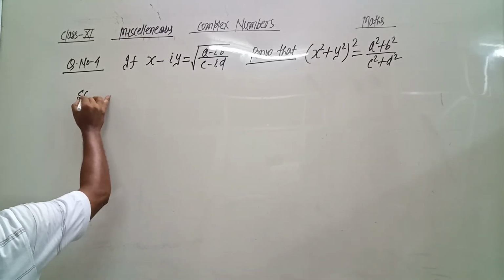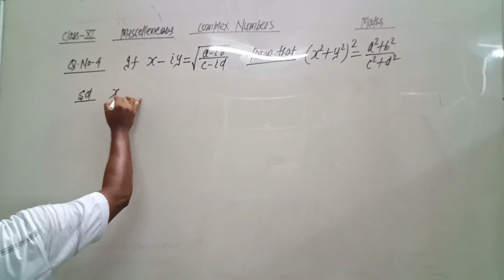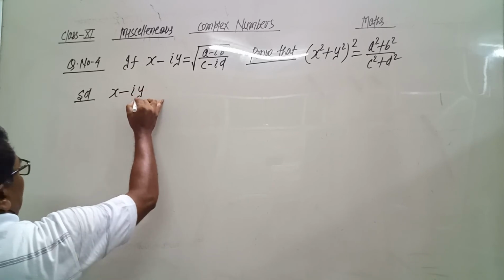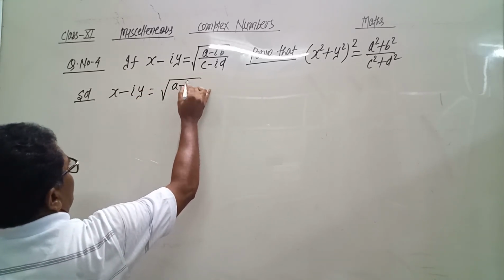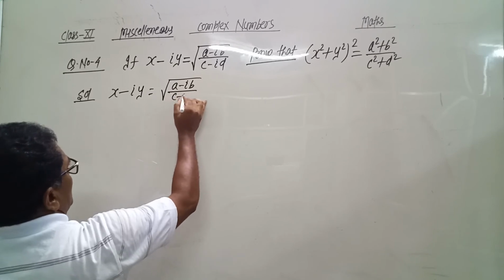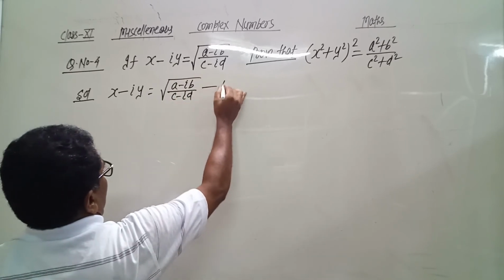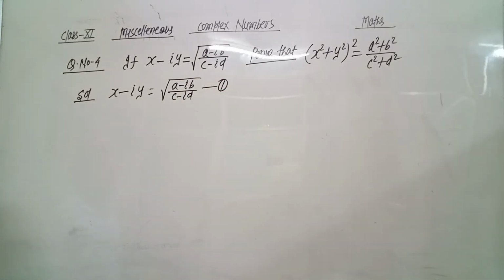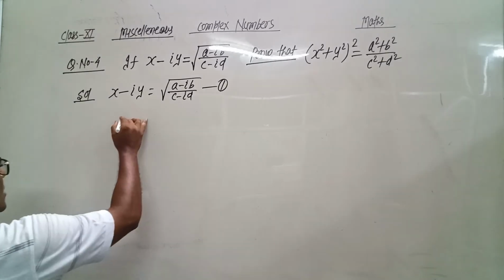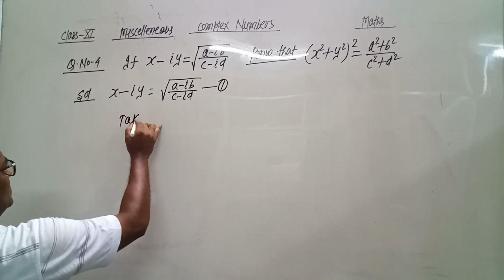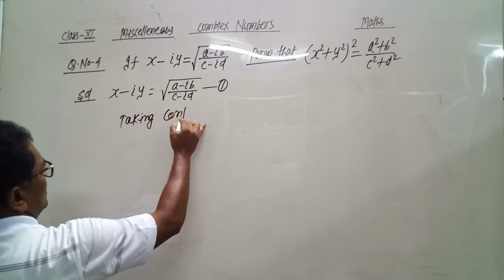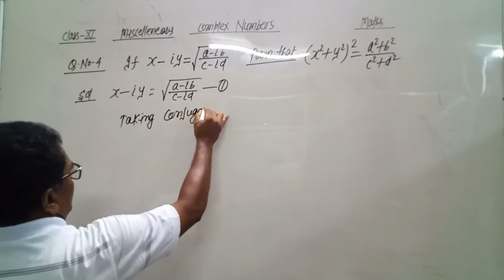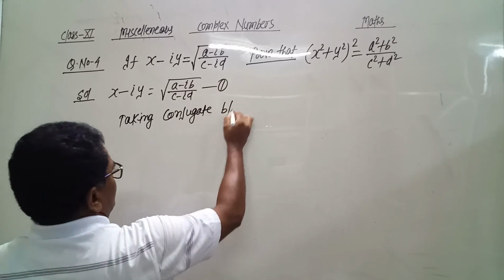So we have given x minus iota y equals the square root of (a minus iota b) upon (c minus iota d). This is the first equation. Now taking the conjugate on both sides.